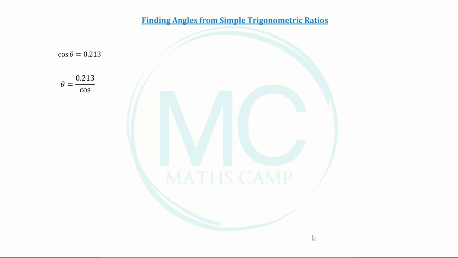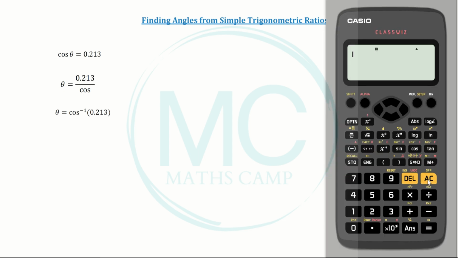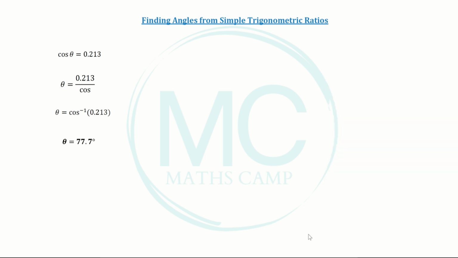Let's move cos into the numerator of the fraction, and we get theta is equal to cos to the negative 1 multiplied by 0,213. Now we take our calculator and we say shift cos 0,213, close the bracket, is equal to 77,70 degrees, and that is our value for theta.